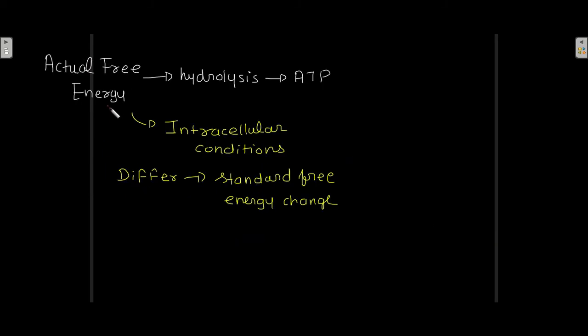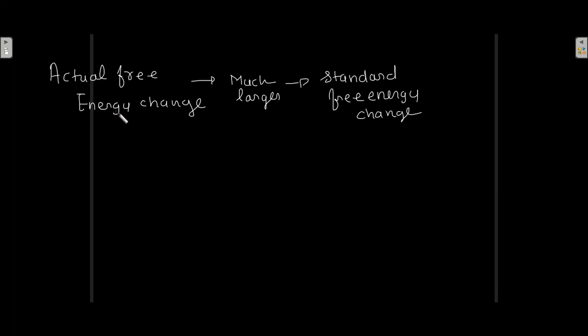Thus, the actual free energy change of the hydrolysis of ATP in intracellular condition differs from the standard free energy change. Okay, actual free energy change and the standard free energy change of the hydrolysis of ATP both are different because of these intracellular conditions. The actual free energy change is much larger than the standard free energy change.